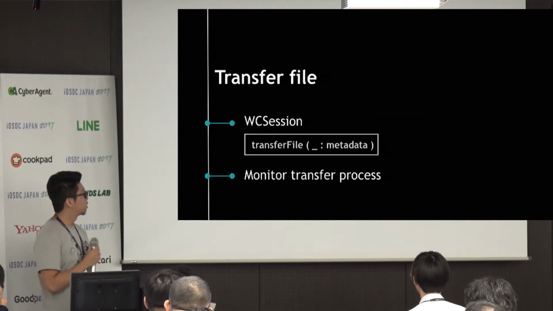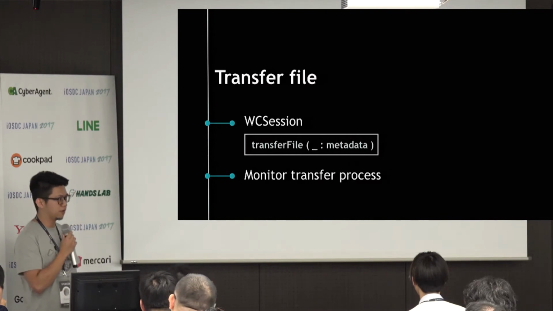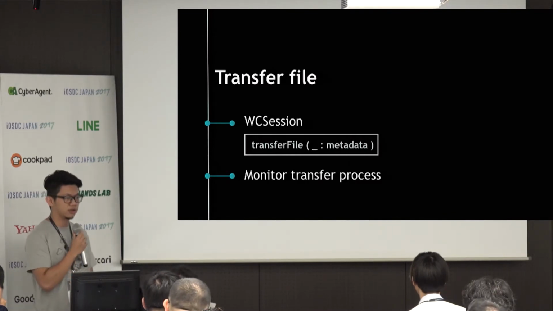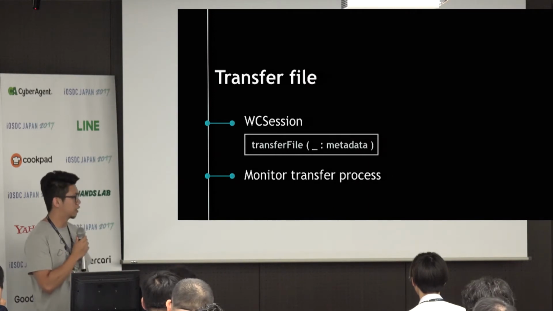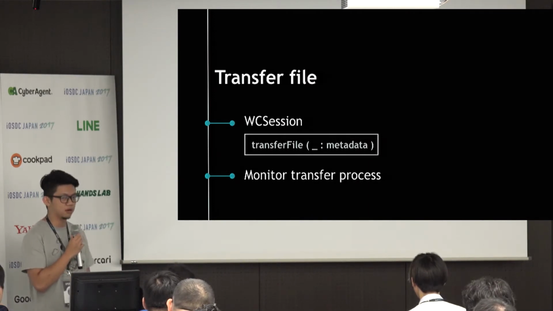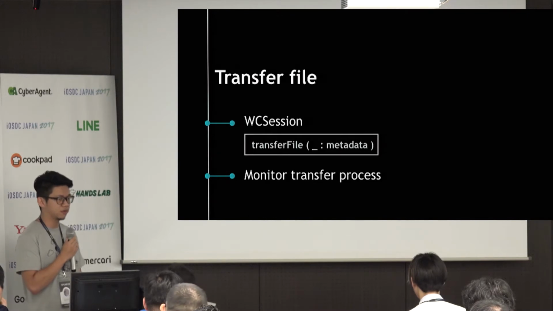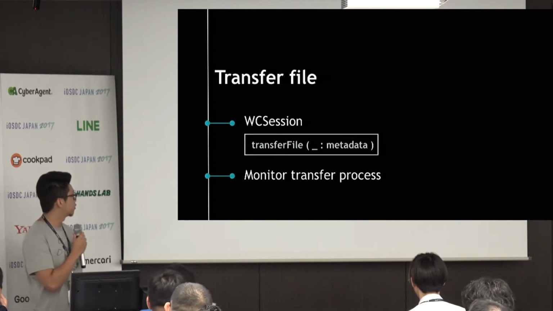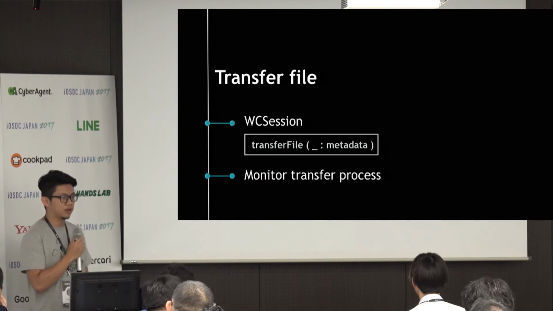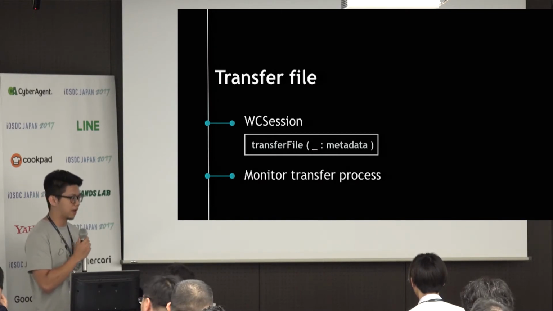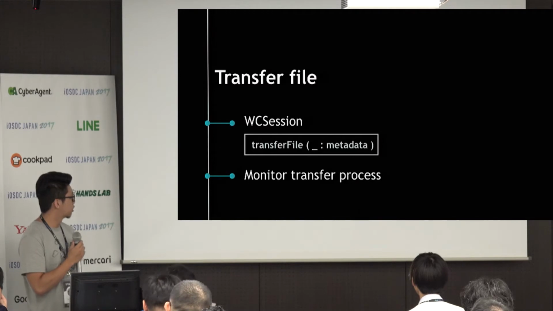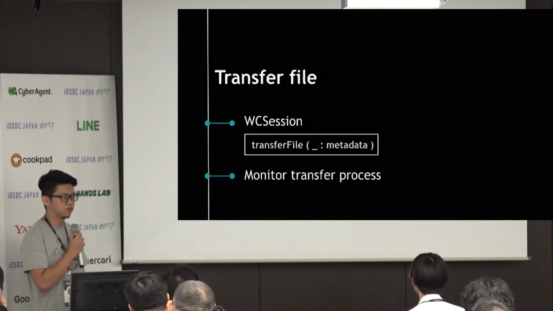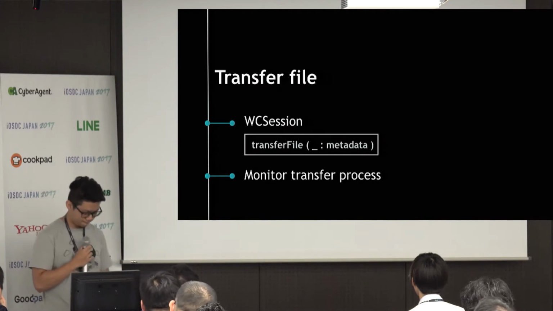Transfer file. If you want to transfer a file to your Apple Watch, you need to learn WCSession. It is a class that handles everything about communication between iPhone and Apple Watch. You should use the function called transferFile, and it will transfer your audio file in the background. So you should also monitor the transfer progress because your file is transferred in the background.